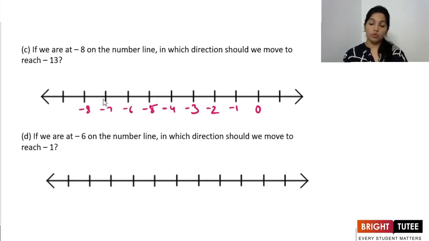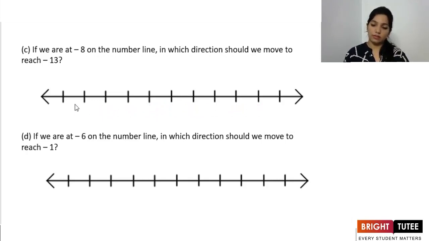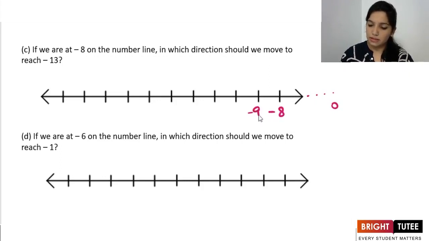I need more numbers because I need minus 13 on this table. So let's put all the negative numbers on the number line here, starting from minus 8, minus 9, minus 10, minus 11, minus 12, minus 13.